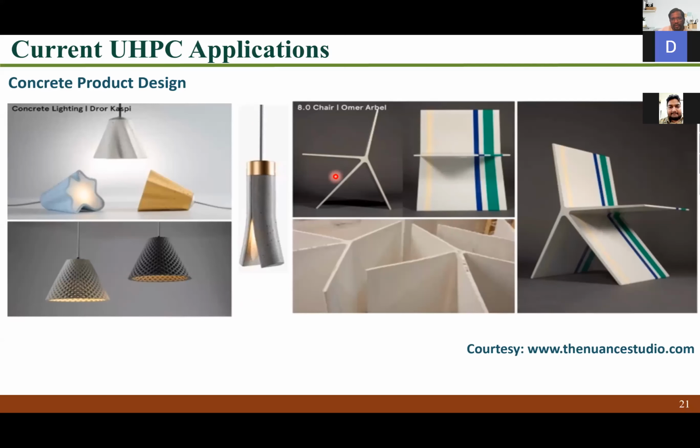And you can look at this chair, which has also been developed using ultra high performance concrete, and it's very durable. It is going to take care of all the loads because we are talking about a very high tensile strength. You can see the thickness of these legs and the resting places is very, very thin. So these kinds of innovative products can also be made using ultra high performance concrete.